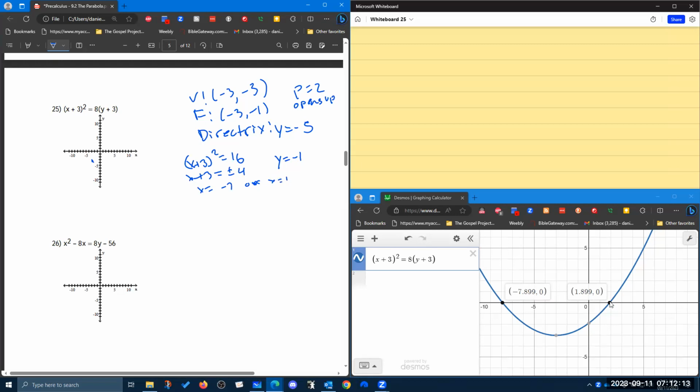So I have (-7, -1), and I also have (1, -1). I can graph like so.